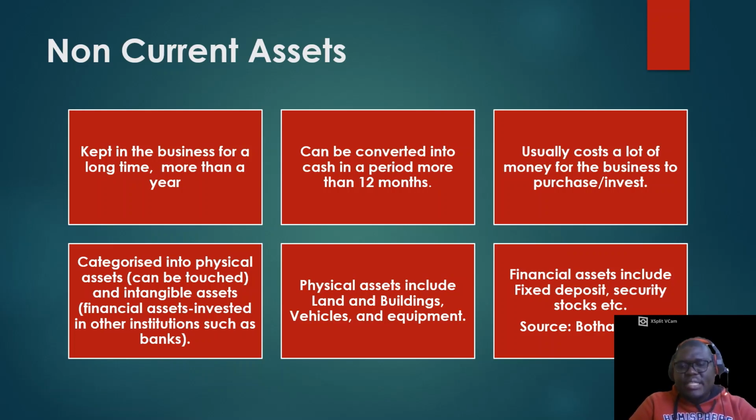And we also have security stocks. In terms of security stocks, there are some companies maybe that are not in the same business as ours that are operating. We can decide to invest in, let's say, for example, public companies. We can decide to invest in a public company by buying their shares. If it's not in the same business with us, we can decide to invest in that business and say, okay, we are putting money in your business, but then we are expecting some returns.